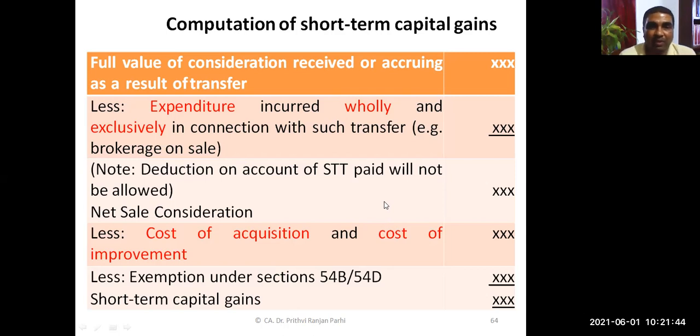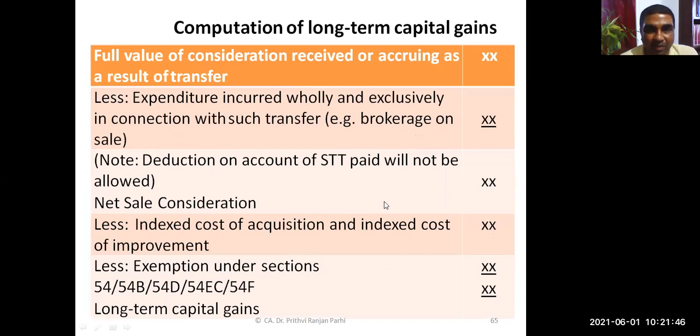Now, similarly, how to compute long-term capital gain? Same thing. We have to take full value of consideration. Then expenditure incurred wholly and exclusively in connection with the transfer, but STT will be excluded. We will be getting net sales consideration. Then what you are finding? Indexed cost of acquisition and indexed cost of improvement. That has to be deducted. And the resulting figure will be subjected to exemption under section 54, 54B, 54D, 54EC, 54F.